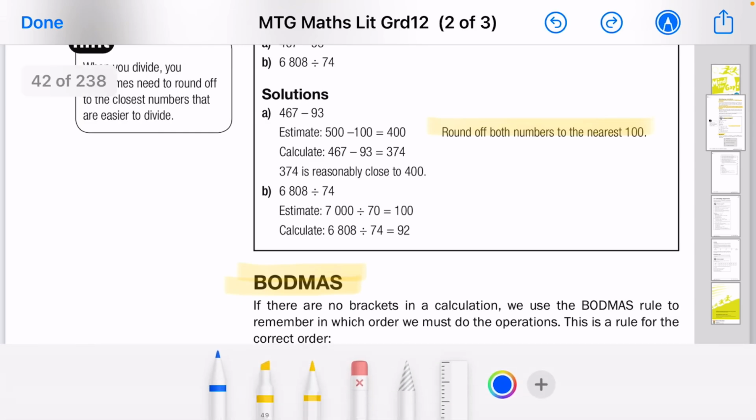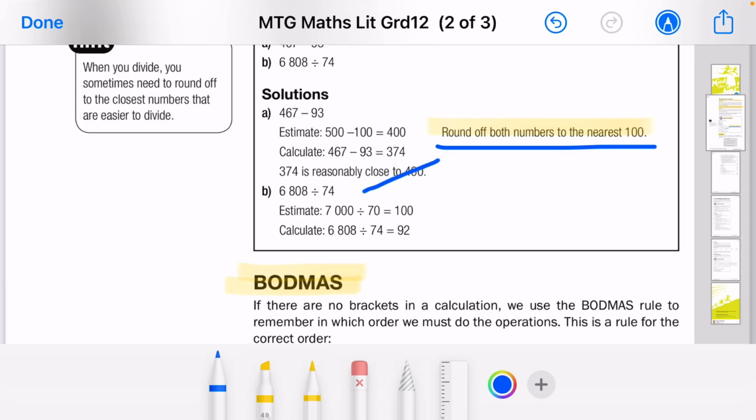Okay, so obviously the next question, you've got 6,808 divided by 74. Guys, obviously the first thing to do is to estimate, and remember, we've got a hint that we need to round off.